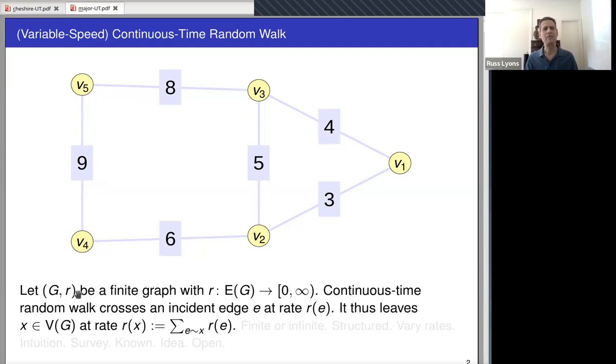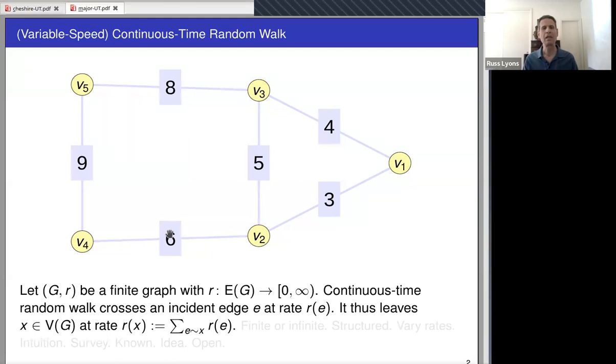Consider any finite graph, and there are these rates, which are non-negative numbers R on the edges. 0 rate will mean the same as the edge not being there. So when a random walk is at a vertex, say V2, it has these 3 incident edges, 3, 5, and 6, and it will cross one of those edges at rate equal to the number that's on that edge.